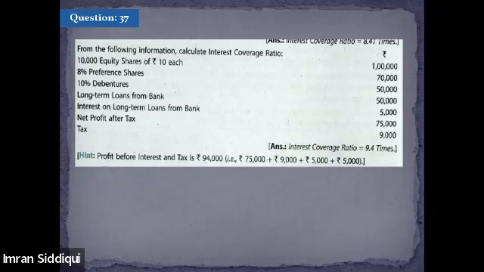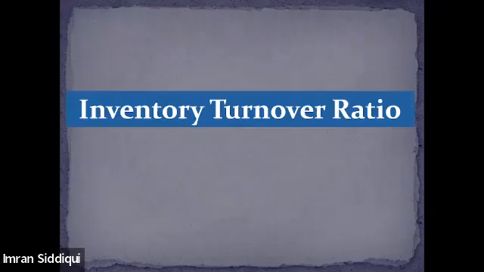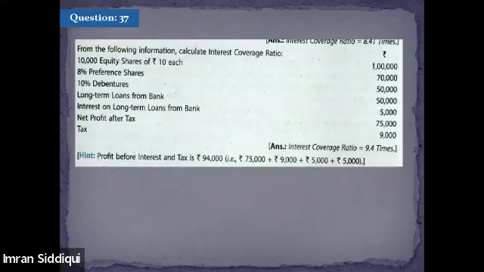I think you'll be able to solve it. Can we just skip it and move to the next ratio, or do you want to try it? I think you will be able to solve it. Can you take the screenshot of question number 37? All right.